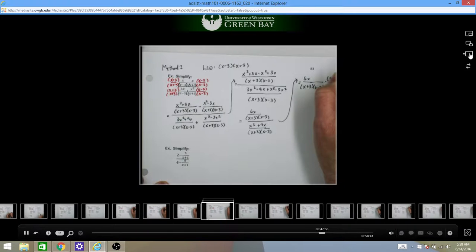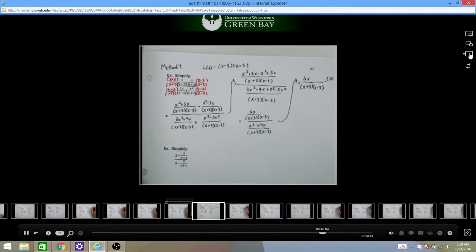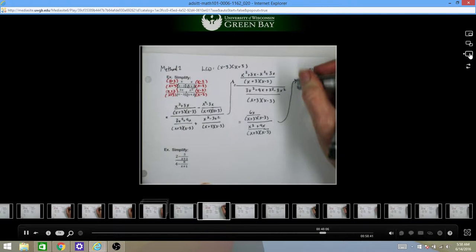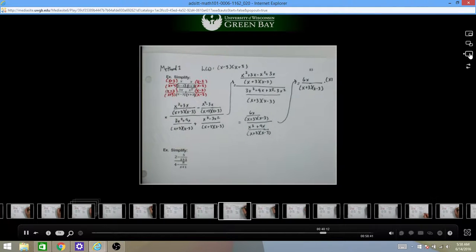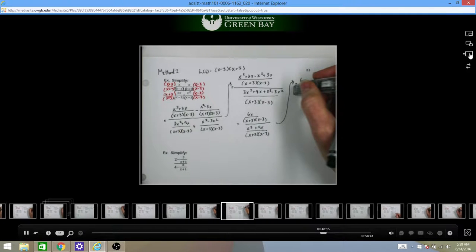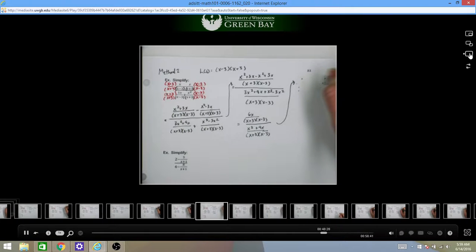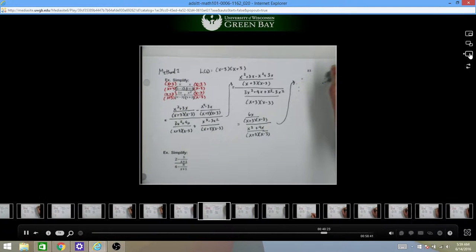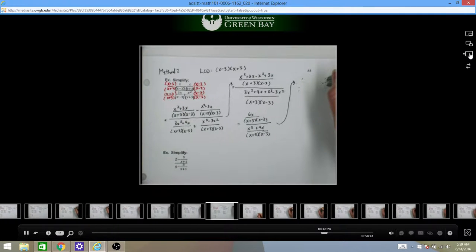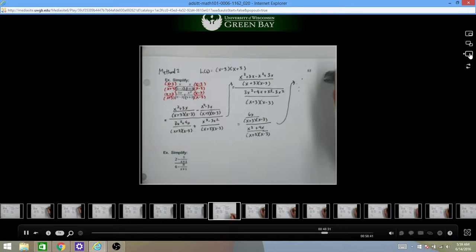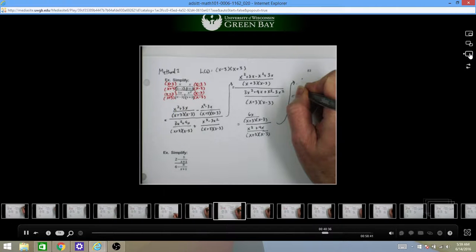Oops, I have to write smaller. So we have a 6x over x plus 3 times x minus 3.